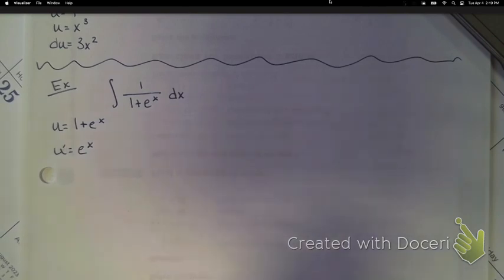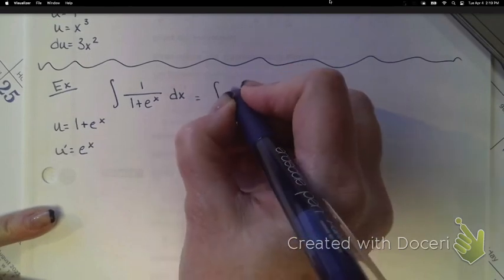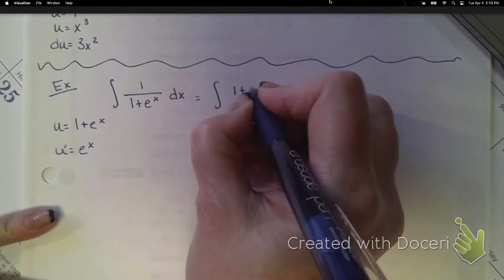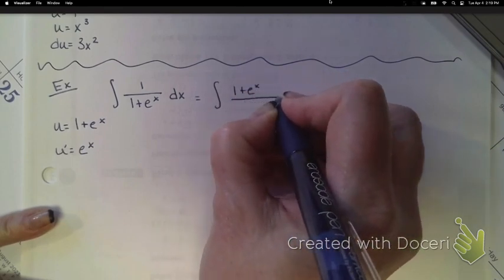Well, no. Sometimes we can manipulate things. Remember, like teenagers are master manipulators. We need to work on the math problems that way. So if I put an e to the x in the numerator, could I do that? Could I just say plus e to the x? I suppose. Well, if I said plus e to the x, what would I also have to do in there not to change the problem?